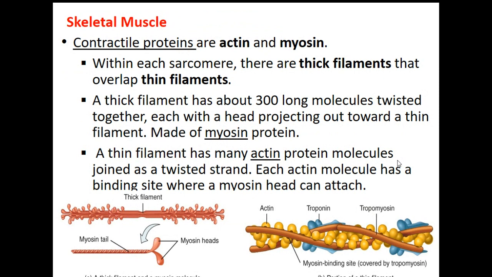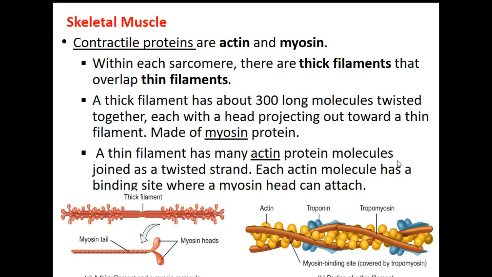What causes the tropomyosin to move off of the binding sites? These troponin protein molecules change shape and pull the tropomyosin off of the binding sites on the actin of the thin filaments so that the myosin heads can attach.